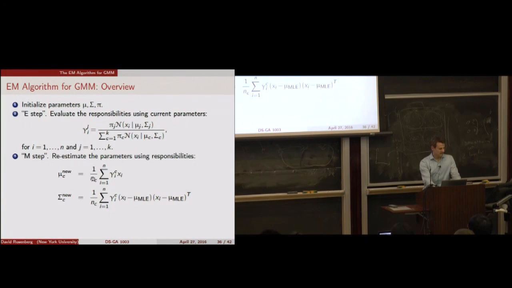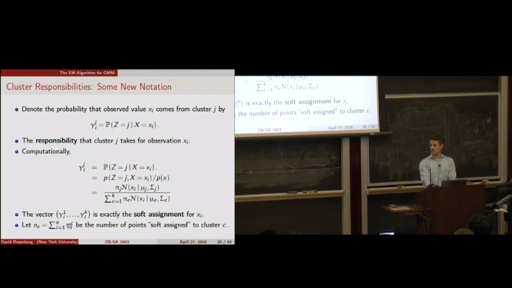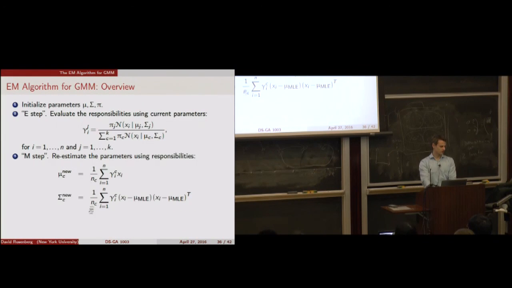Now, if we bring the n sub c in, we'll see that the weights are actually gamma ic over n sub c, and those will sum to 1 because n sub c is exactly the sum of the gamma ic's. So in a weighted average, our weights must sum to 1, so that should be n sub c. And it's a very similar story for the covariance matrix estimation.